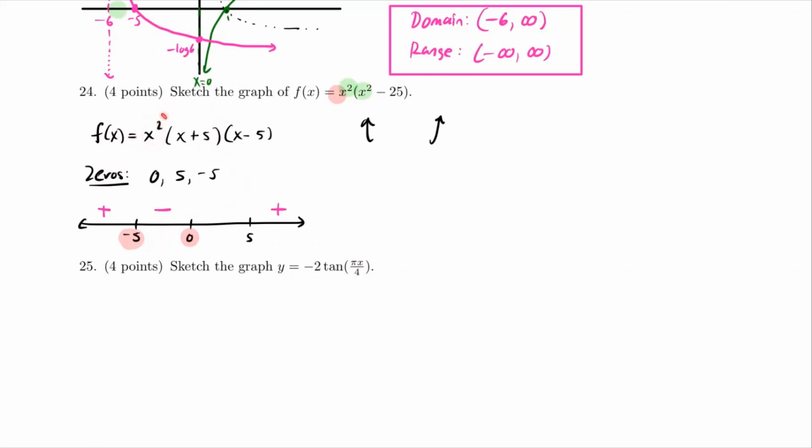It has a multiplicity of 2, even, so the sign does not alternate, so it remains negative, negative. And you don't have to test the last one, but if you want, you can. 5 came from this factor. It has multiplicity 1, odd, so it's going to alternate. And we got positive. And now we're ready to put this on our xy plane.